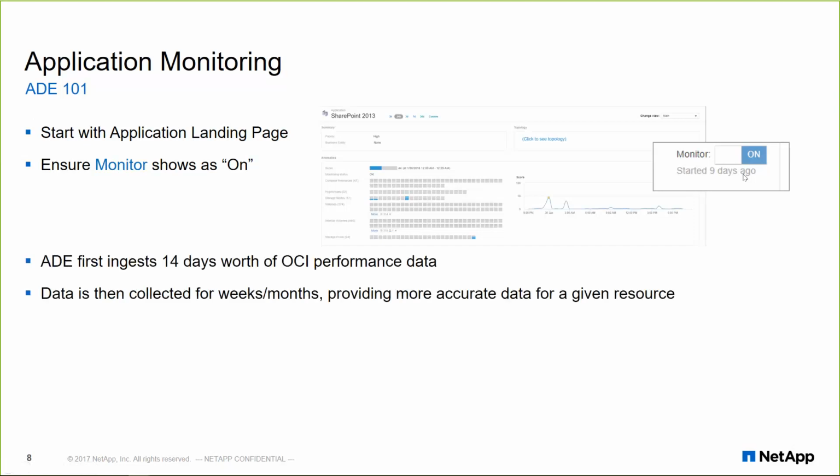Once you do this, it's going to go through and ingest 14 days worth of performance data that OCI has been collecting, and going to continue collecting for weeks, months, and as time goes on, the data is going to get more and more accurate. I know a lot of customers have asked me, okay, so what's the quickest I'm going to see any sort of results? Well, I would say once you turn this on, in about 3 hours, you should start seeing some scores.